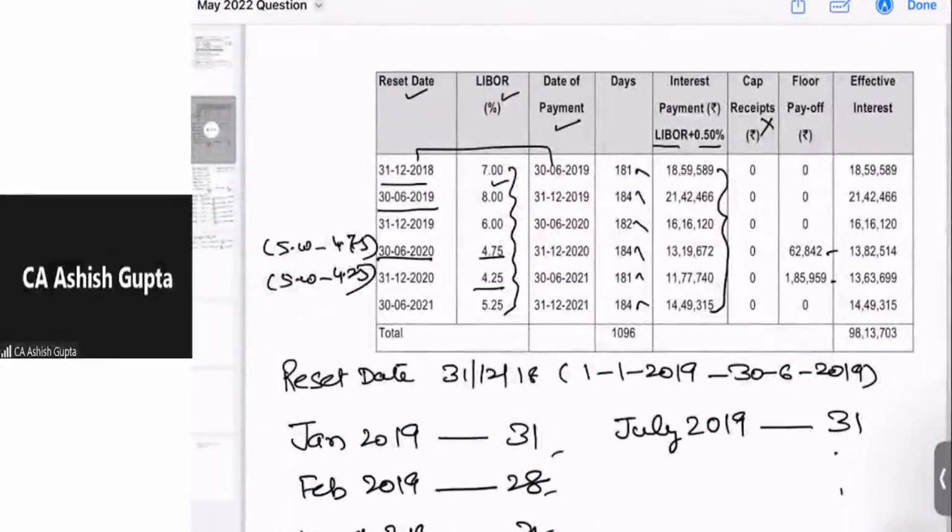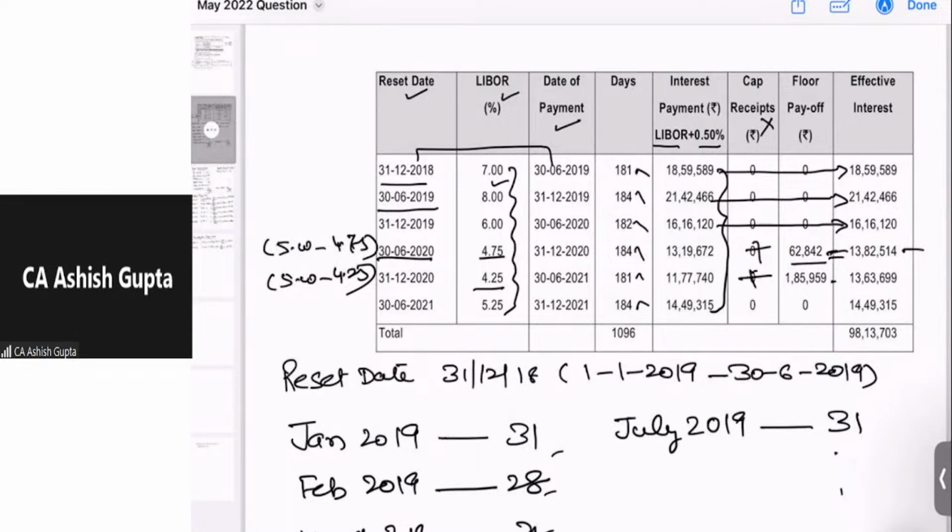Now ultimately the effective interest that we will pay, straightforward this amount, no problem. Straightforward this amount. But however, here since we are paying, this amount will be added. This will be our outflow.